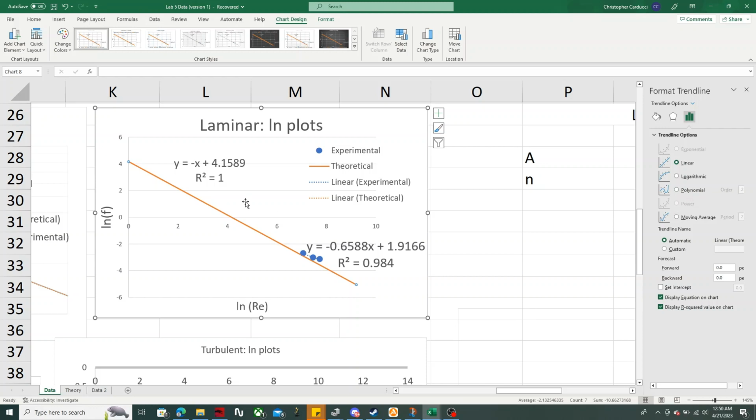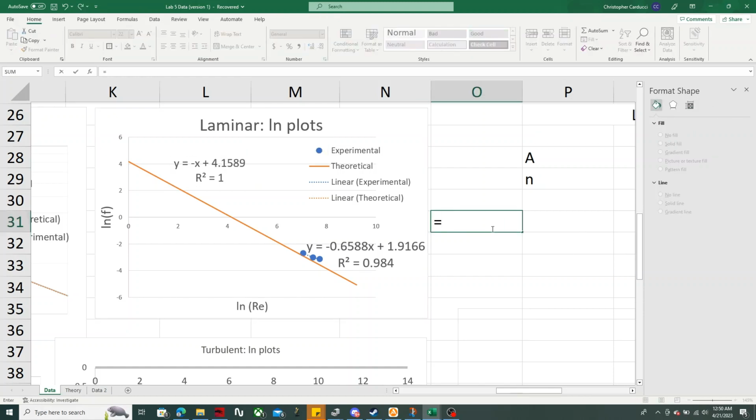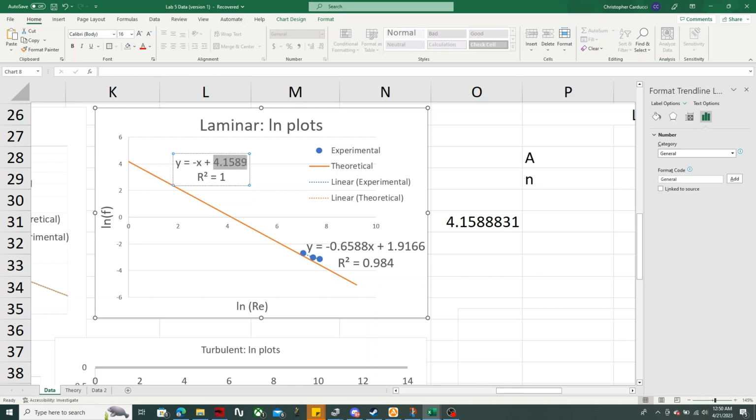But now you can see, anyways, my theoretical trend line is y is equal to minus x plus some constant, where once again that constant is just the natural log of 64. That's where this value comes from.